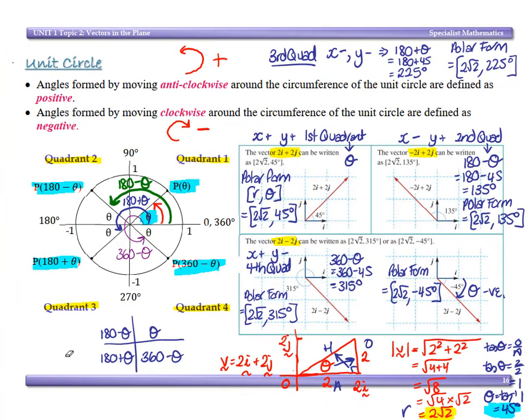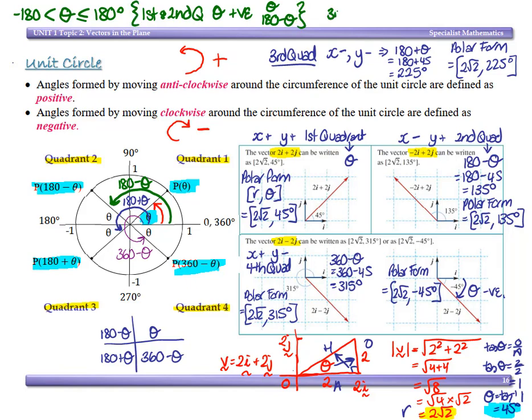Now in specialist maths, we normally have theta as being greater than negative 180 degrees, less than or equal to 180 degrees. Don't get too caught up in this, we'll do it as we go, but that means in first and second quadrant we'll have theta as positive, so we'll be dealing with theta and 180 minus theta.